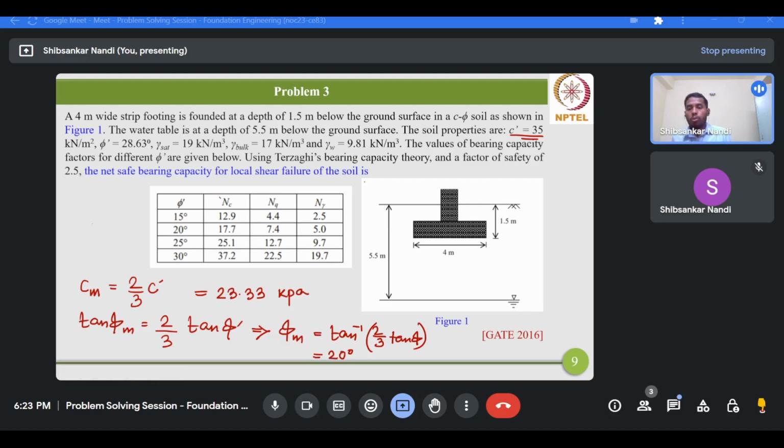Accordingly, you have to choose the bearing capacity factors Nc, Nq, N gamma corresponding to phi m of 20 degrees, which you can easily take from the given bearing capacity chart.